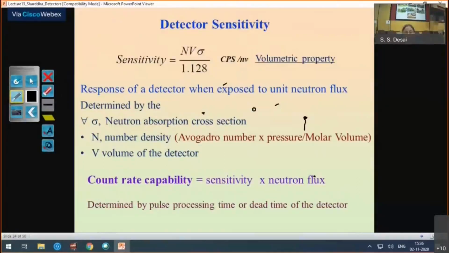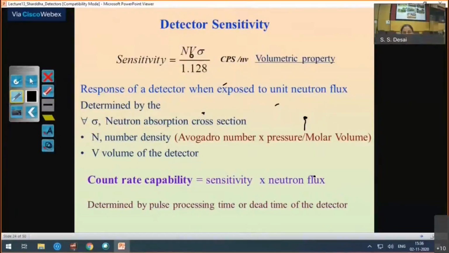That obviously depends on the absorption cross section and the velocity of neutrons, as we have seen earlier. But the overall sensitivity is calculated using N, the number of neutron sensitive atoms per unit volume.